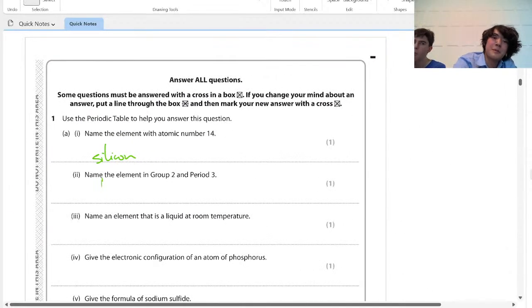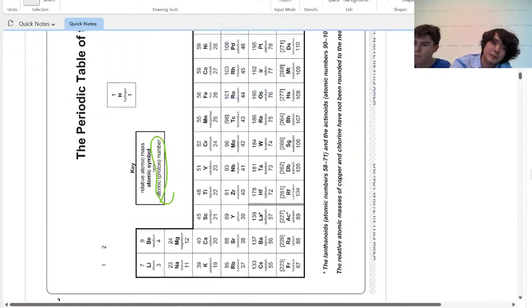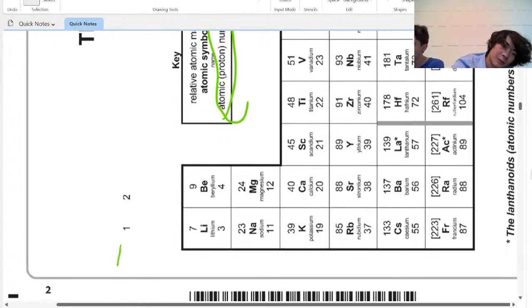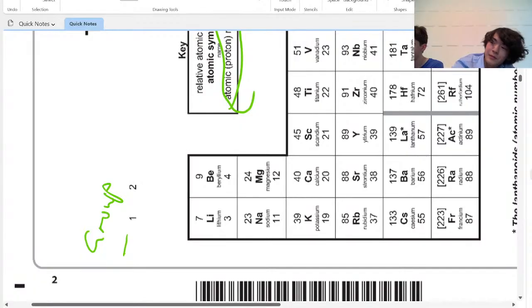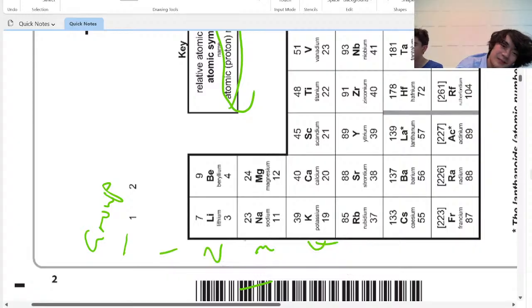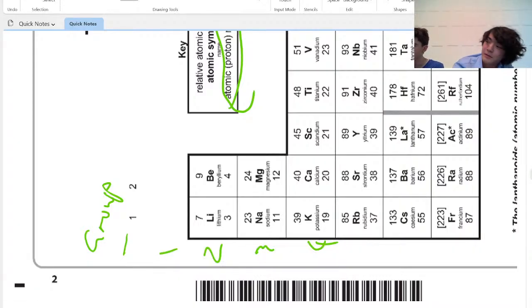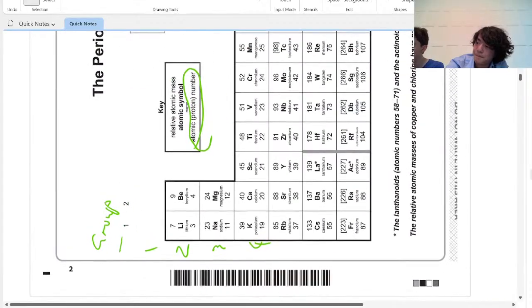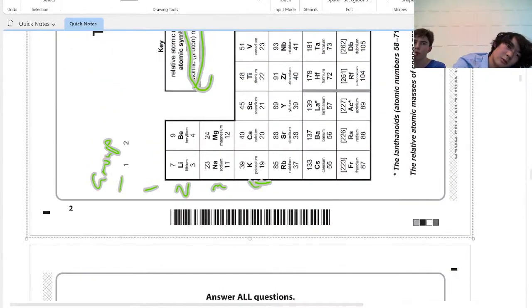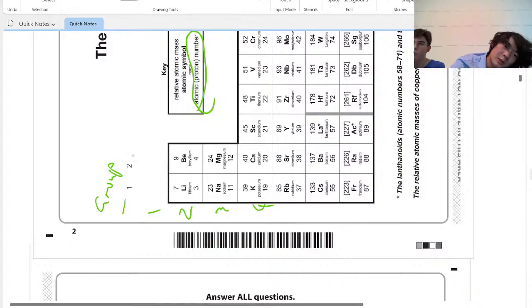Name the element in group 2 and period 3. Group number is the number along the top, the columns. Period is just the rows. So, group 2, we found it.